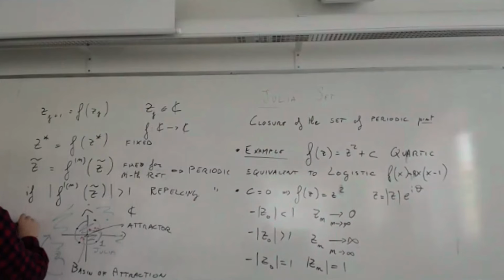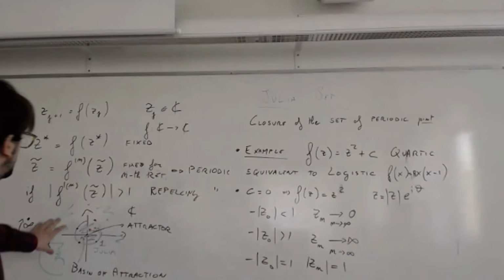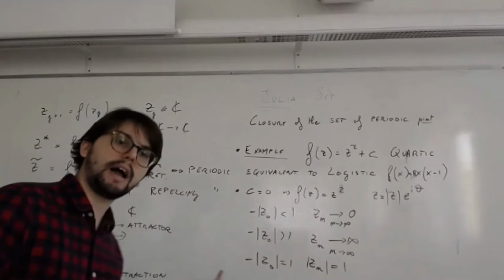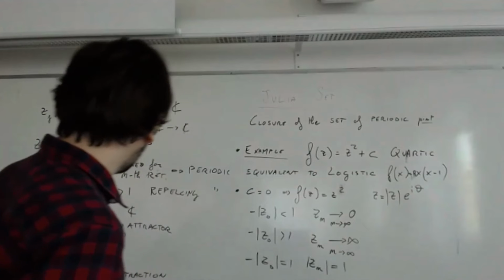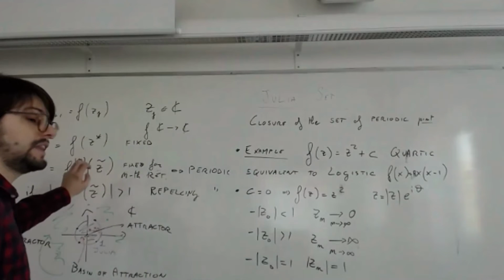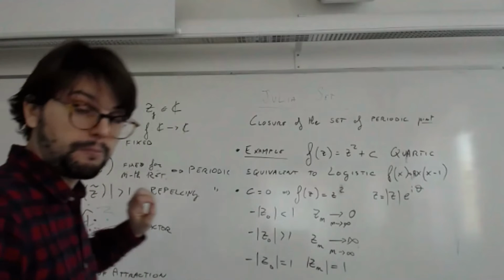So infinity, it's a little bit strange or unprofessional maybe to write it on the blackboard, but why not? Infinity is another attractor. And the green side is the basin of attraction of infinity. The blue side inside the unit circle is the basin of attraction for the attractor that is in 0.